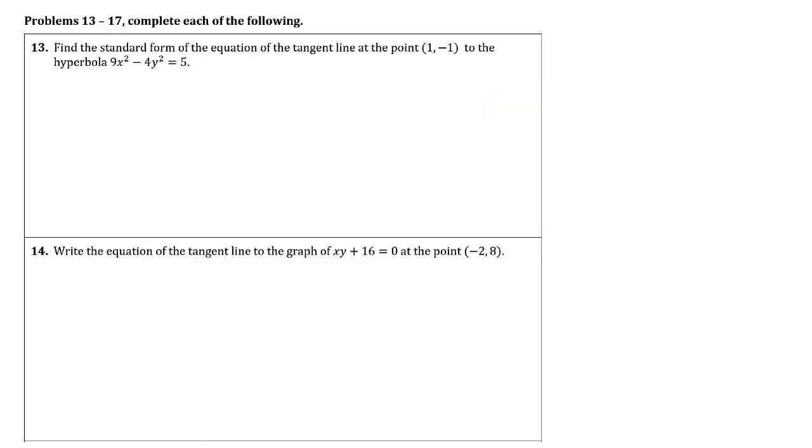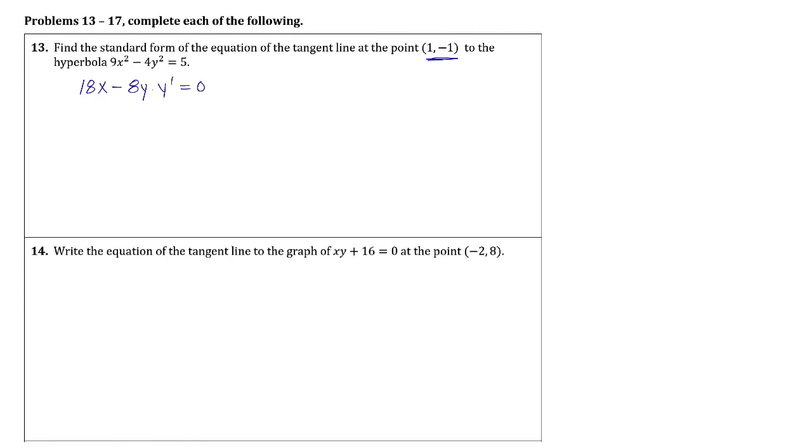For these problems, we have to find the standard form of the equation of the tangent line to the hyperbola, and they've given us that hyperbola equation. So again, we have our point. Now we've got to go find our slope, so we need our derivative. So we're going to have 18x minus 8y y prime equals 0.